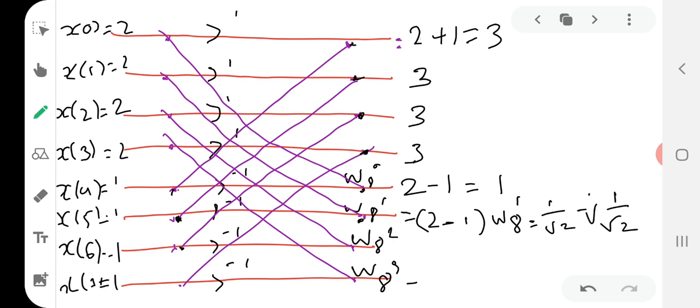Like that, here also the value will be 2 minus 1 into W 8 raised to 2, which is equal to minus j. And next this will be equal to minus 1 by root 2 minus j into 1 by root 2. This is the value.